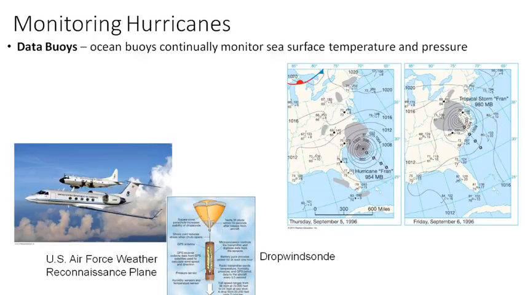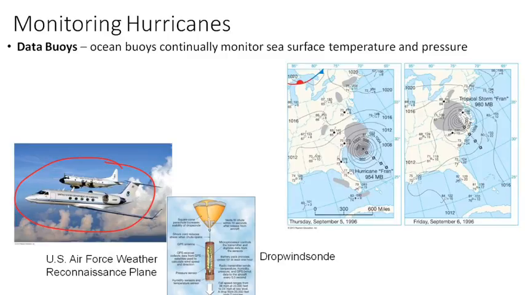Another important way that scientists can know what's going on is by using airplanes. The airplanes can have monitoring equipment on them, so that as they fly through the storm, they can get good information with regard to pressure and wind speed where they are.